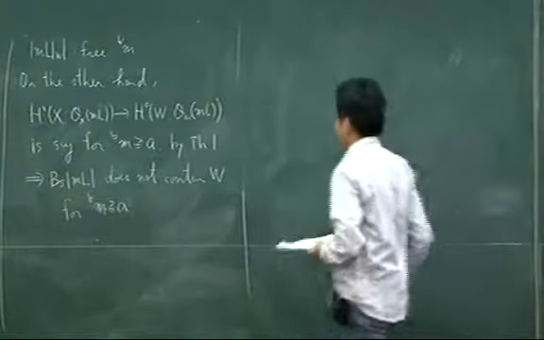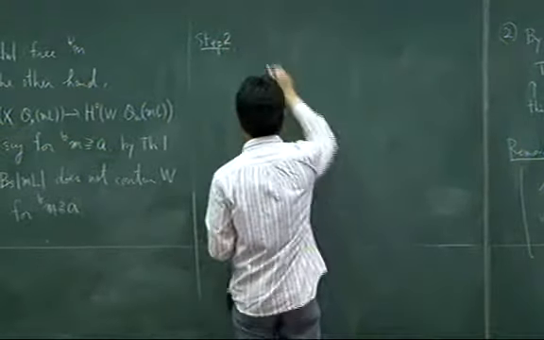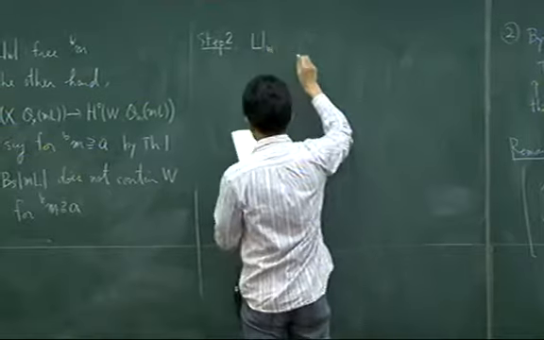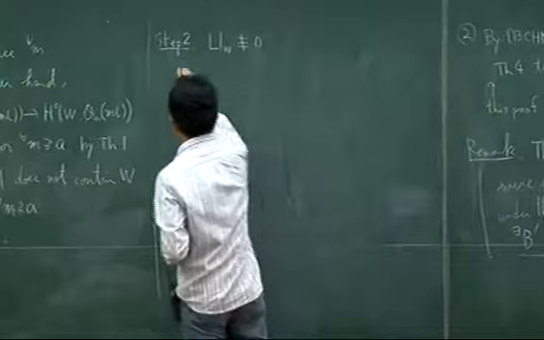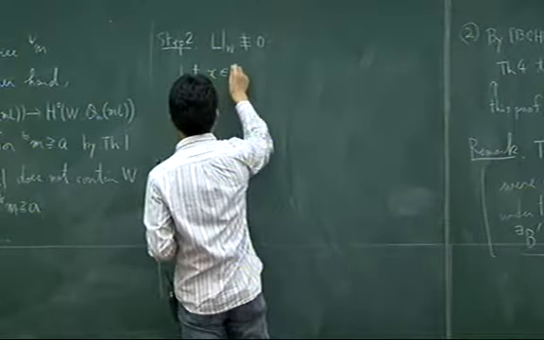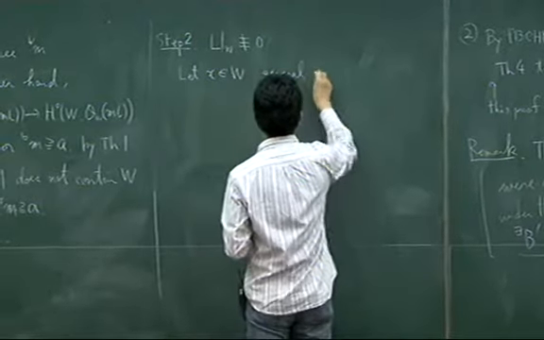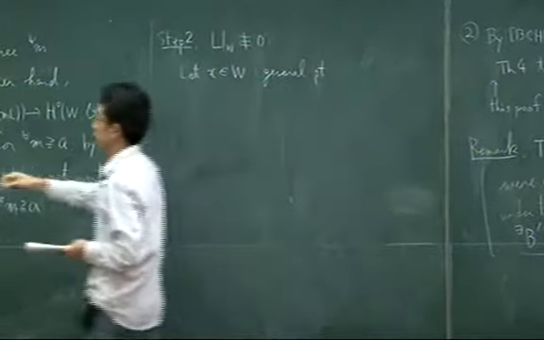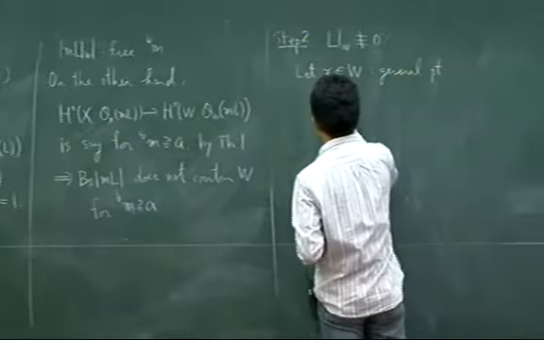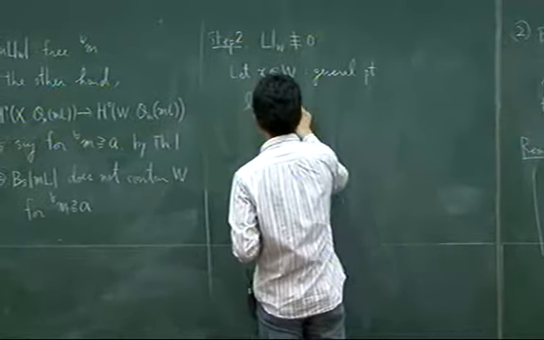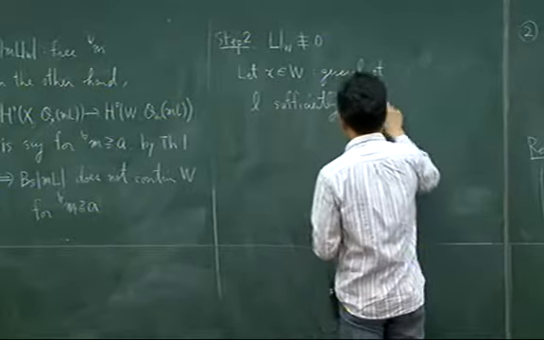Okay, step 2. In this case, L restricted to W is not numerically trivial. Let small x be a general point of this minimal LC center, and L sufficiently large integer.